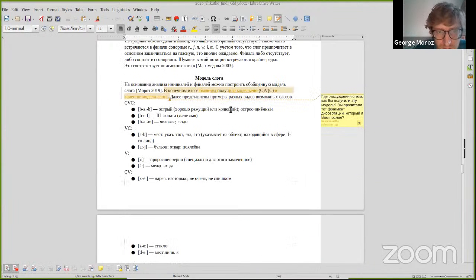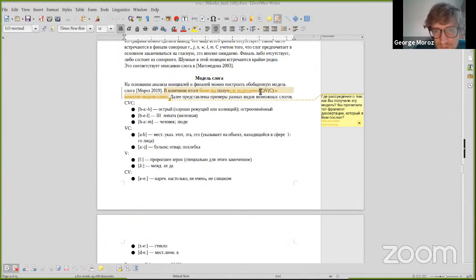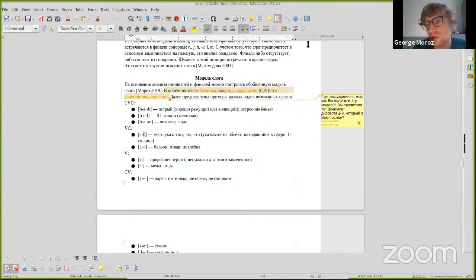After this, they have this syllable model that is that simple. It's consonants with everything, and then I expect this to be a sonorant, or B. So this is a shared feature. B is also possible in the coda of the syllable.